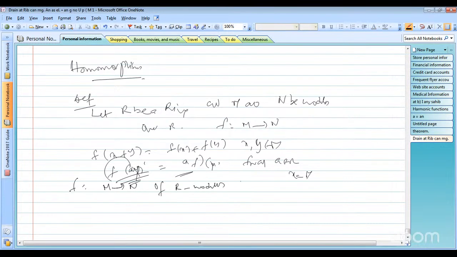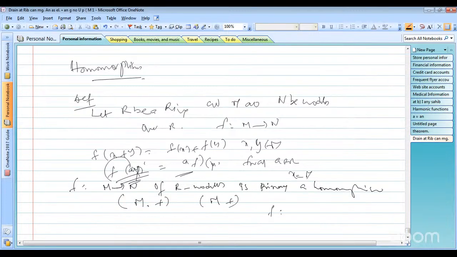It is a homomorphism of the group (M, plus) into (N, plus).